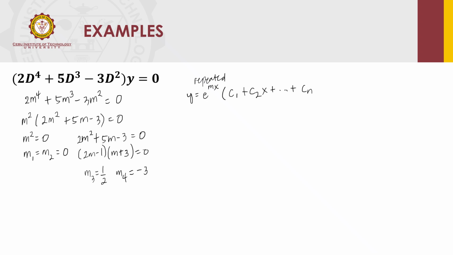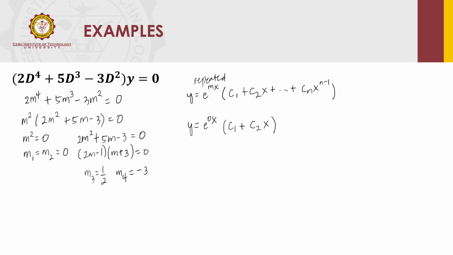So c sub n times x to the power of n minus 1. So for the 0 values of m, we have e to the 0x, which is simply equal to 1, and then times c sub 1. And since there are two values only, it's twice that you repeat, so it's c sub 2 times x. That's for m sub 1 and m sub 2.